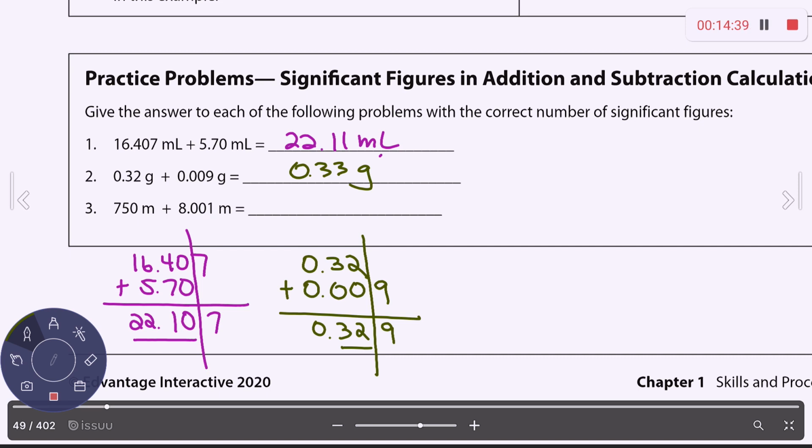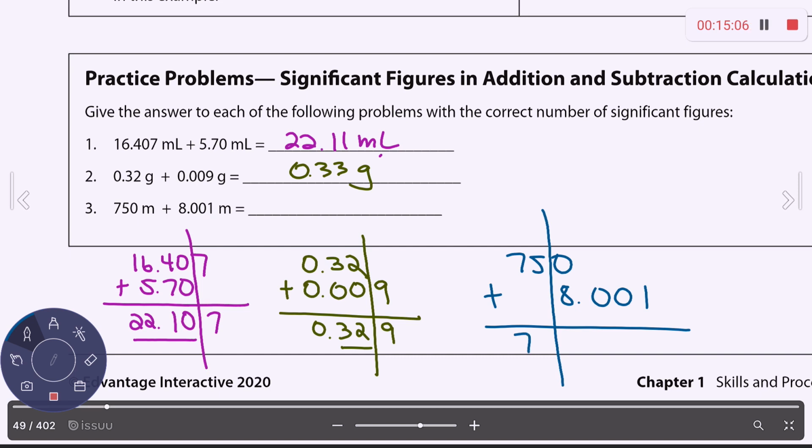And then for the last one, you want to be really careful. 750 plus 8.001. Okay. You have to draw your line after the measurement that is the least precise. Technically, this one would go here because that trailing 0 is not significant because there's not a decimal somewhere to make it count.